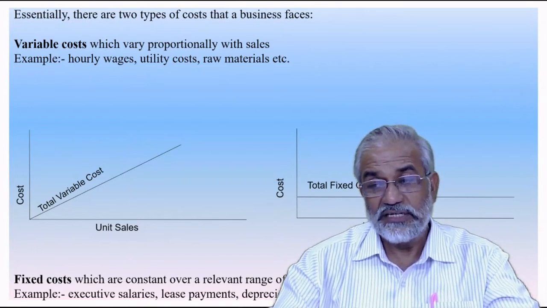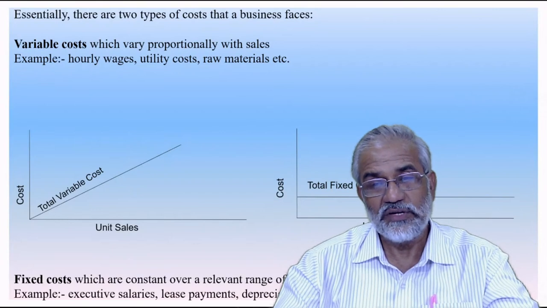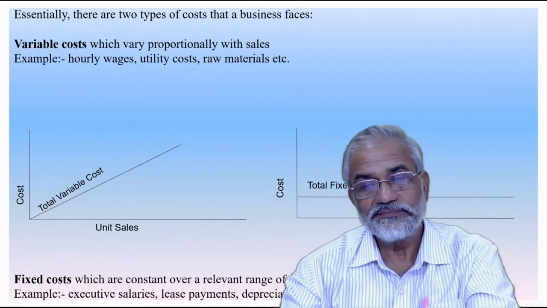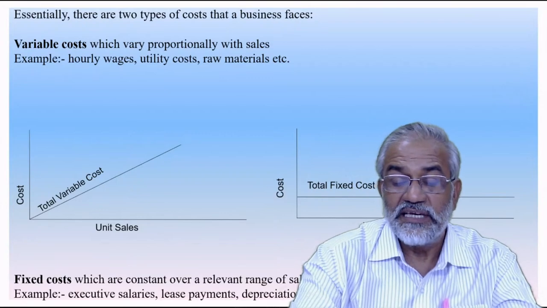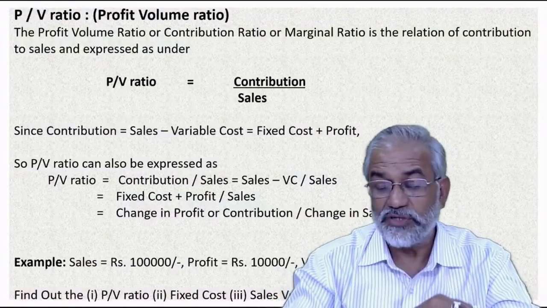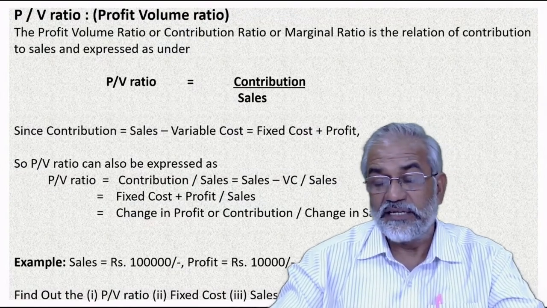If you are producing 10,000 units, it will remain same. If you are producing even 1 lakh unit, the total fixed cost will remain same. That's why it is just parallel to the x-axis.